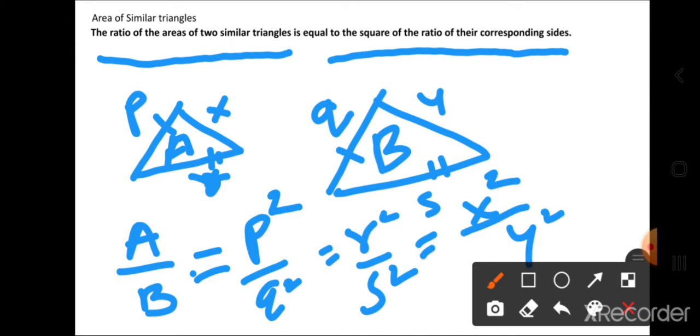That's what the theorem states. So here triangle A and triangle B are there, and the ratio of their areas, area of triangle A divided by area of triangle B, will be equal to P square by Q square, equal to R square by S square, equal to X square by Y square.